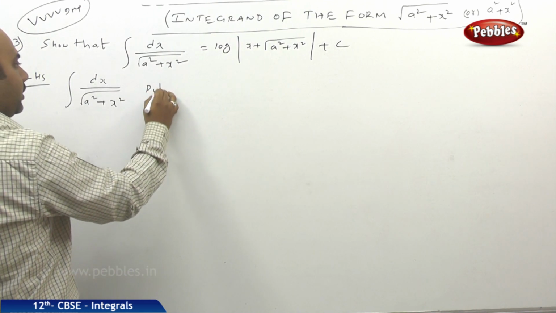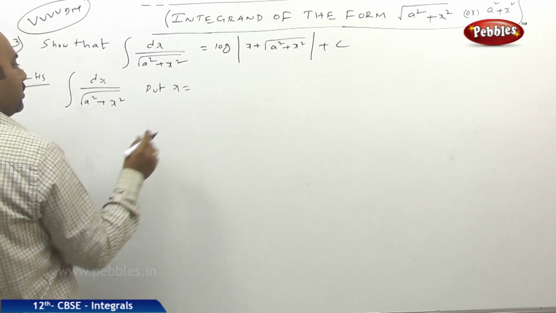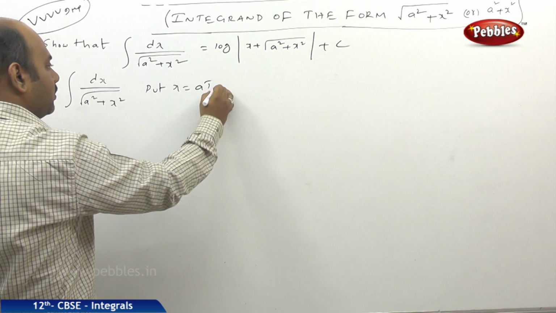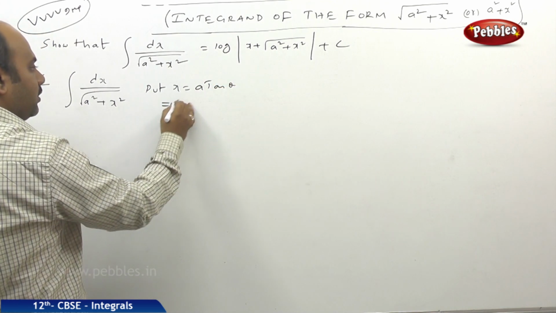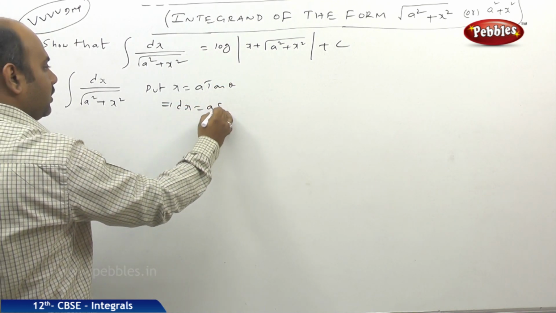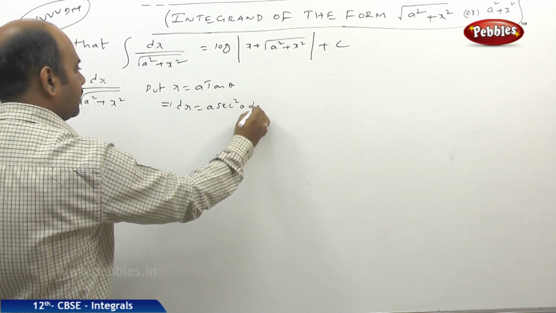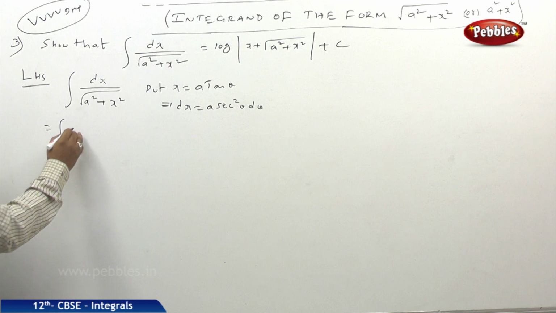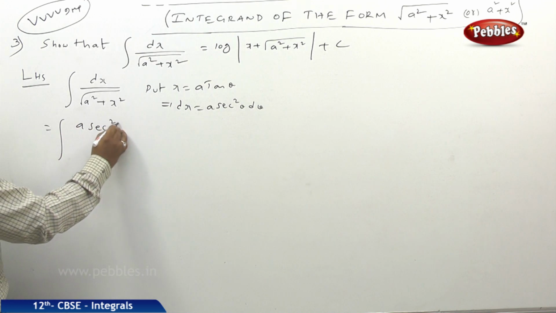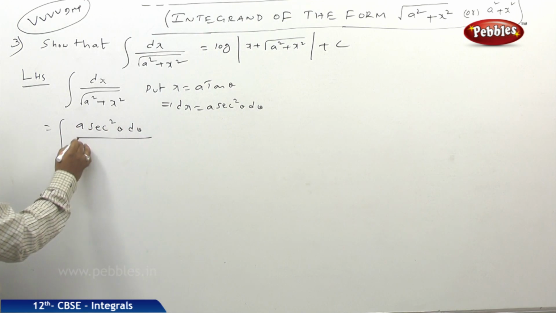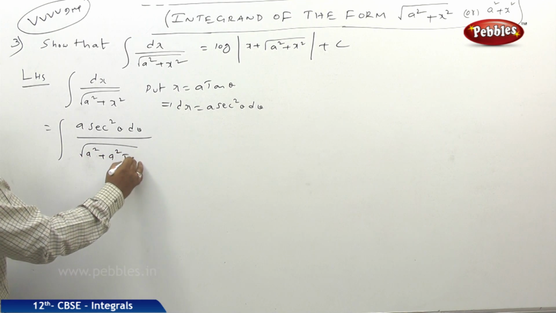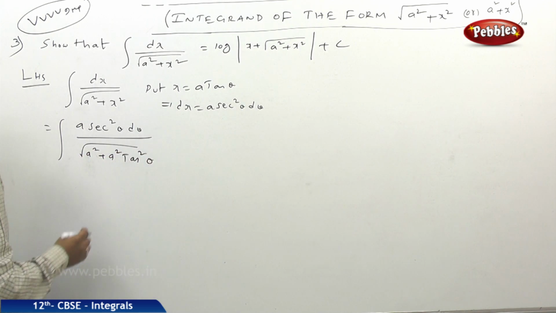So what I'll be doing is put x is equal to a tan theta, since whenever a square plus x square is given, we need to put x is equal to a tan theta, and dx will become a secant square theta d theta. So this turns into a secant square theta d theta divided by under root of a square plus a square tan square theta.